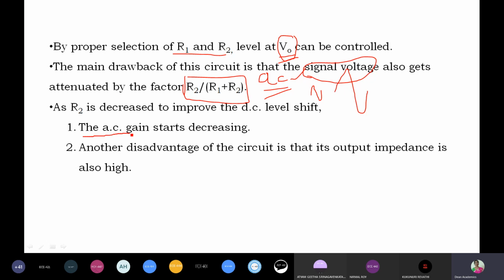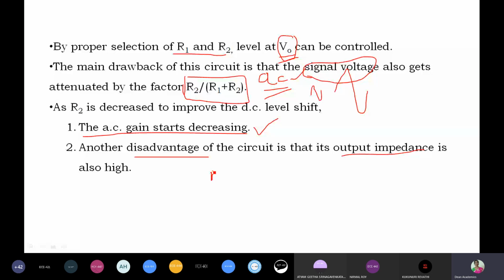The disadvantage with this circuit is the AC gain starts decreasing. With the intermediate stage, we are trying to achieve higher gain, but that achieved gain is getting reduced with this type of arrangement. And another disadvantage is that the output impedance is becoming high.